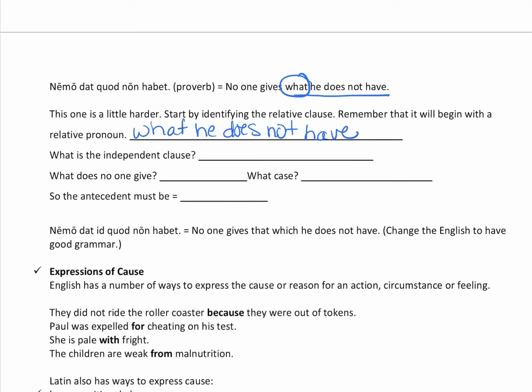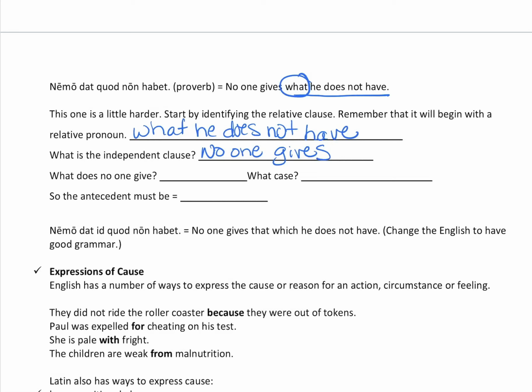So what becomes the independent clause? The independent clause needs to be whatever's left: no one gives. All right, here's the question. "No one gives" is not a complete sentence. What are we missing?